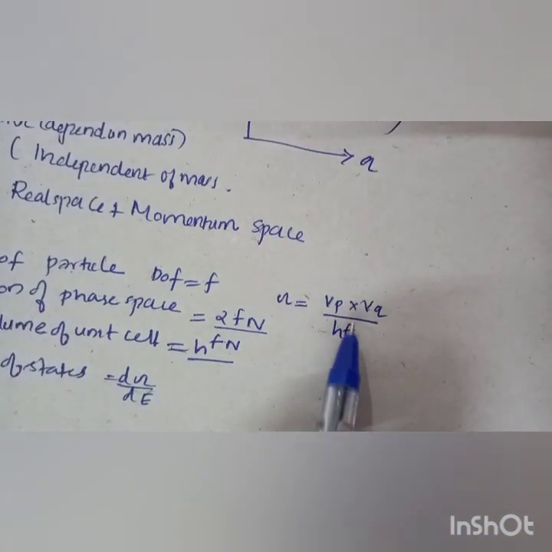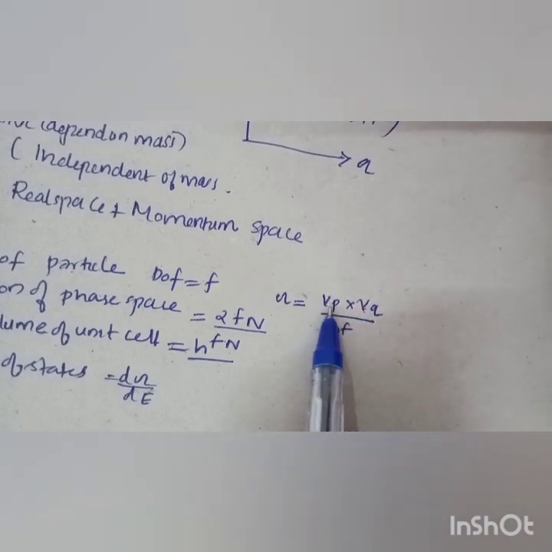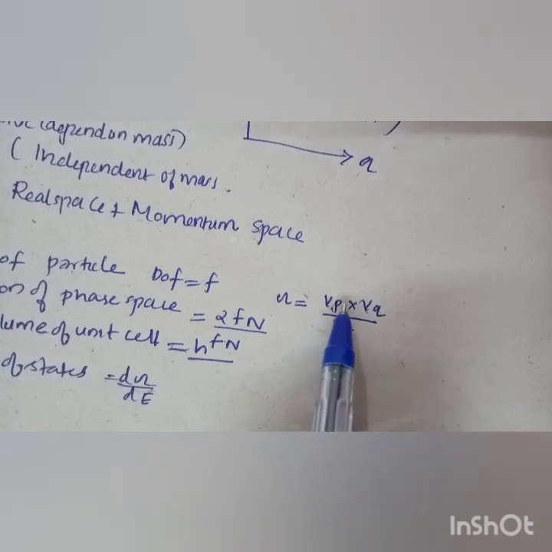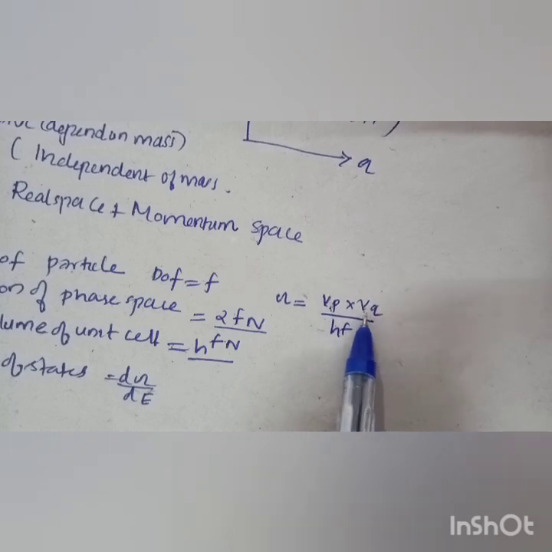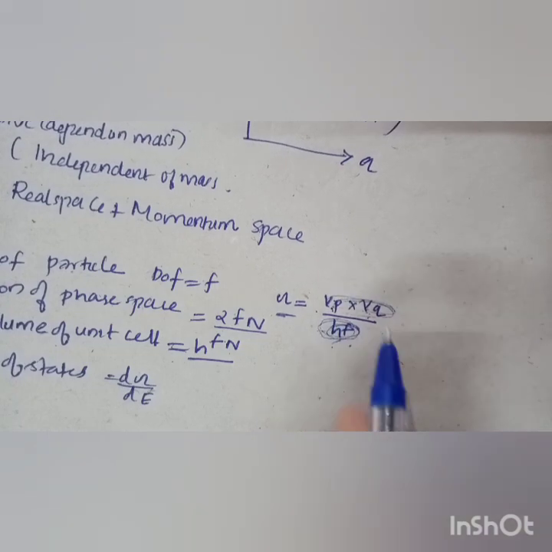Here Vp is the volume of momentum and Vq is the volume of real space. h power f is the volume of unit cell. That is, the total volume of the phase space divided by the volume of unit cell gives you the number of accessible states, that is the number of microstates omega.